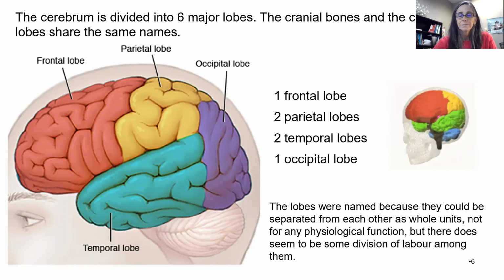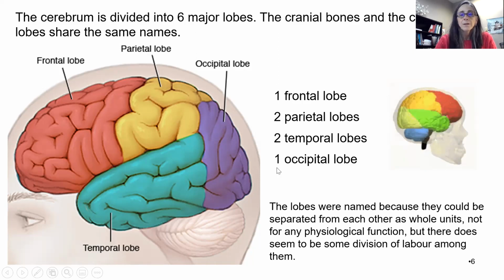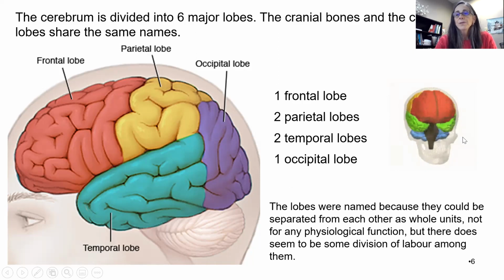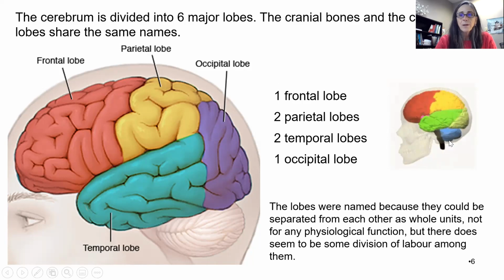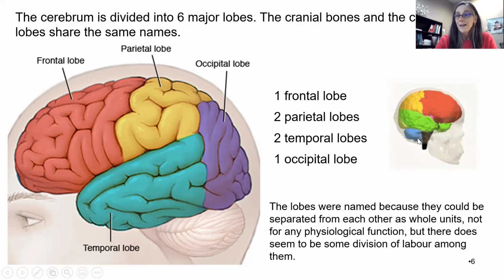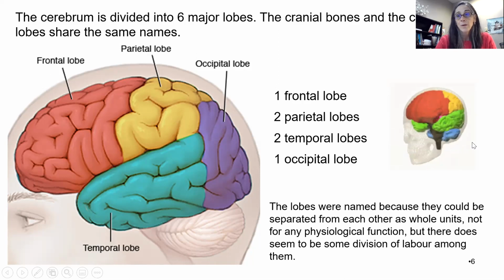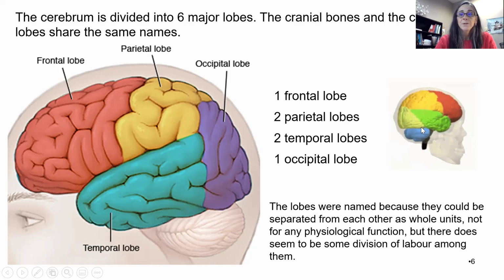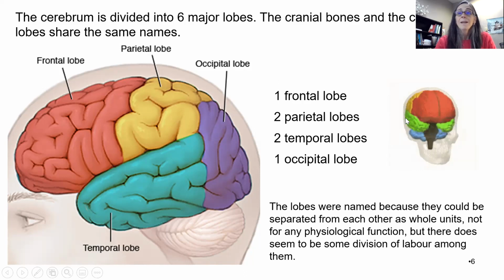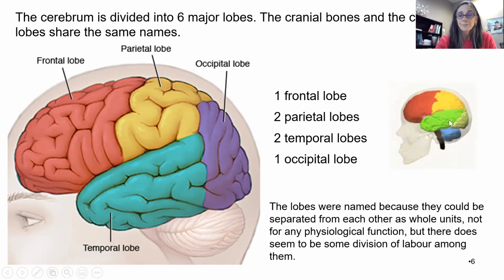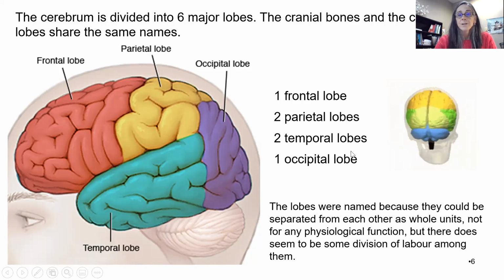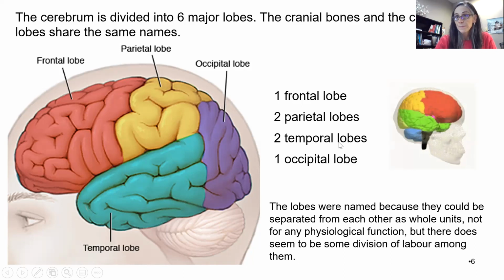aspects of the brain. For example, for the occipital lobe, all sensory stimuli or input from the eyes will go straight to the occipital lobe. All sensory input or stimuli from hearing from the ears and taste will go to the temporal lobes.